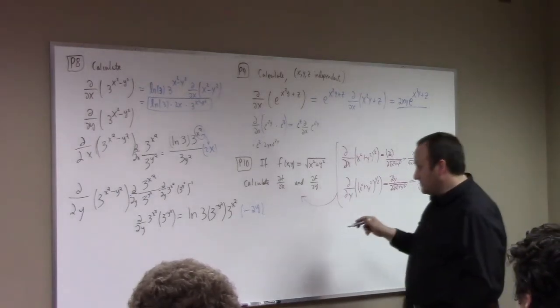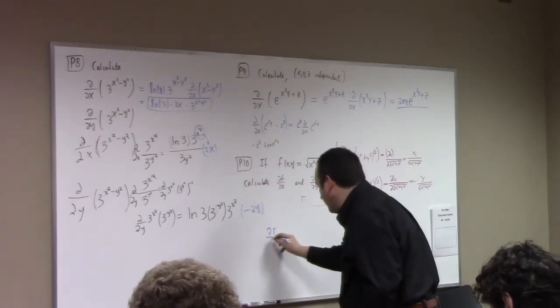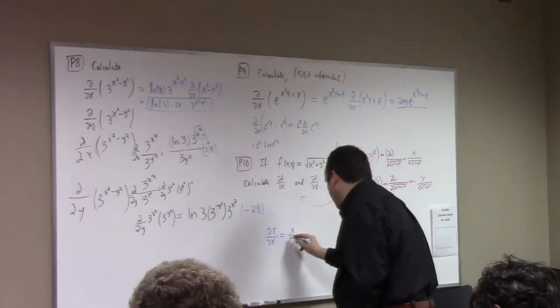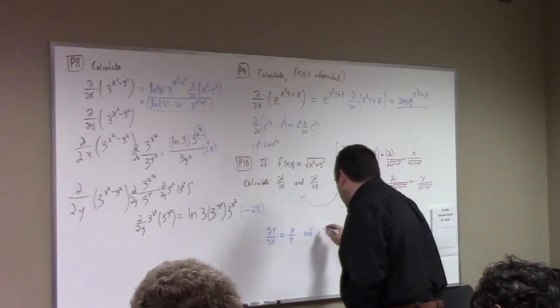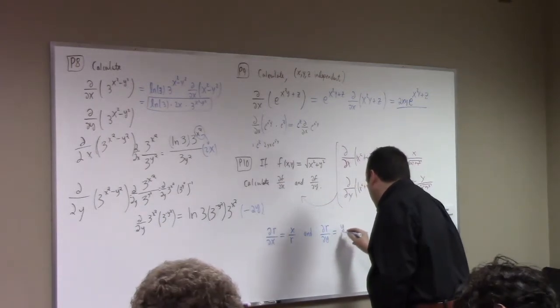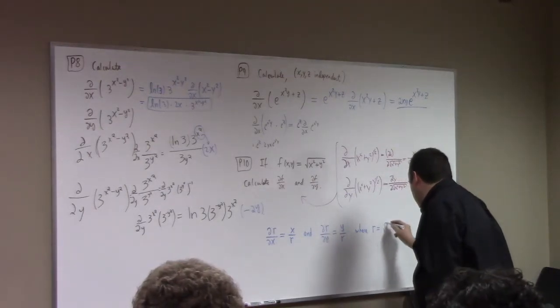So what we've shown is that partial r, partial x is equal to x over r, and partial r, partial y is equal to y over r, where r is the square root of x squared plus y squared.